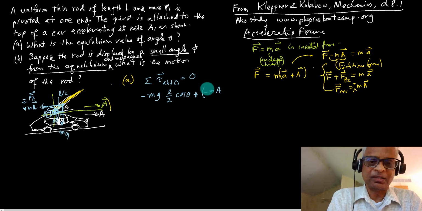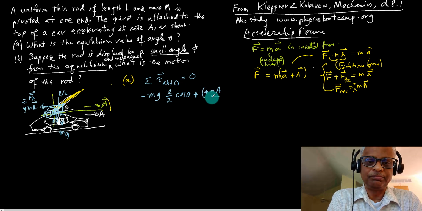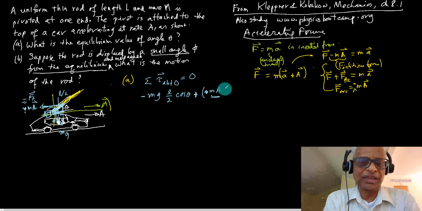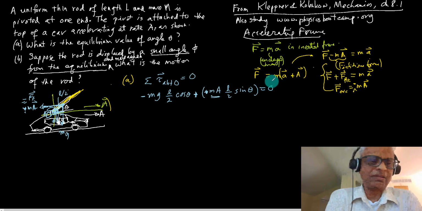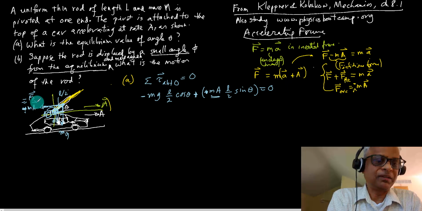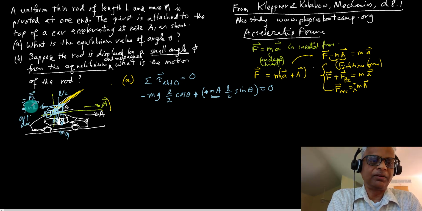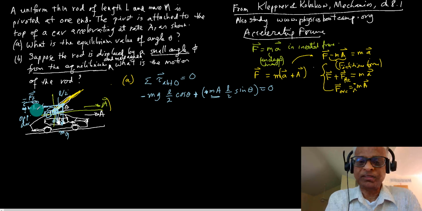This force is just the magnitude ma, with lever arm L/2 sine theta, equal to 0. The minus here is because of the vector, which gives the opposite direction, and is not included in the magnitude.